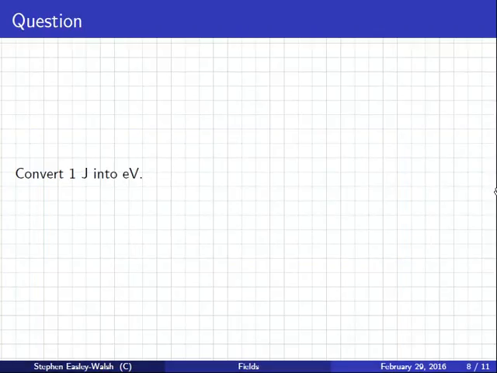But what I want you to do for me now is convert the other way. 1 joule of energy is how many electron volts? So 1 joule is many electron volts. We'll just wait for everyone to get it. Yeah, 6.242 times 10 to the power 18.